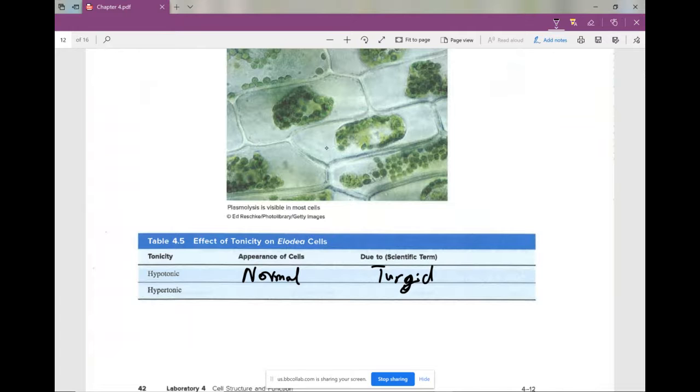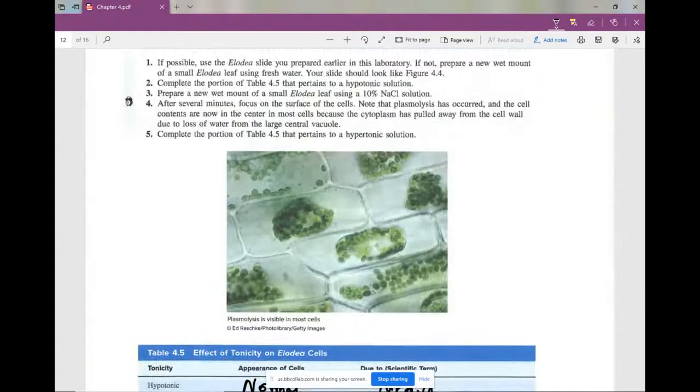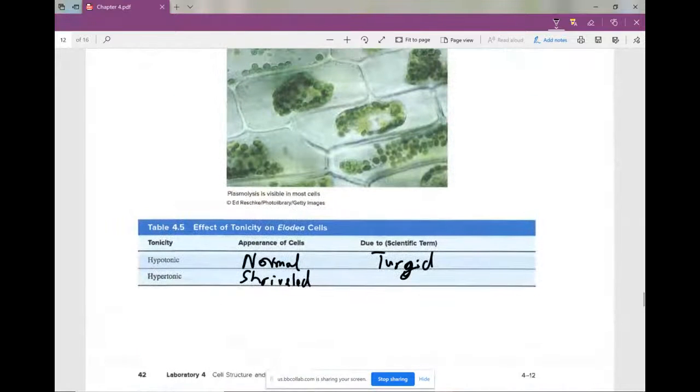In a hypertonic solution, okay, they would appear shriveled up. All right, so the cell membrane is kind of ruptured a bit, so you call this plasmolysis.